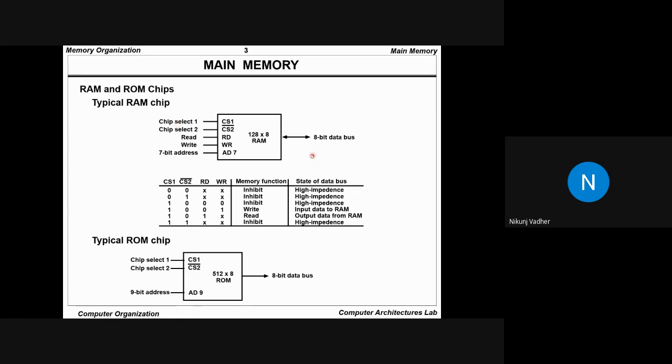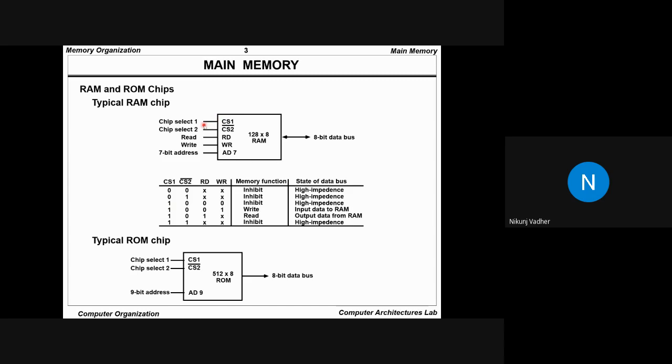Here, let me tell you how this RAM chip will work. If the value of chip select 1 is 0 and chip select 2 is 0, that is 0 0, then this will not work. Then 0 and 1, then also it will not work. Then 1 and 0, in 1 and 0 this will work.